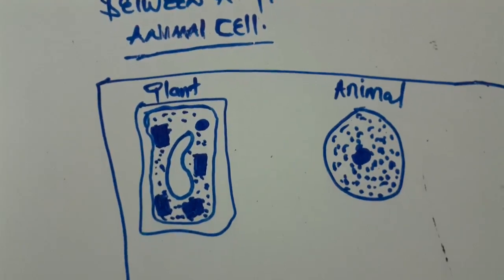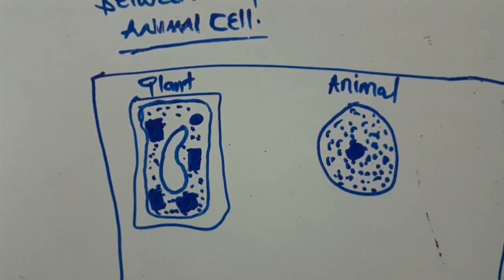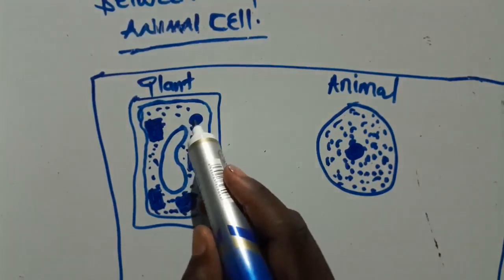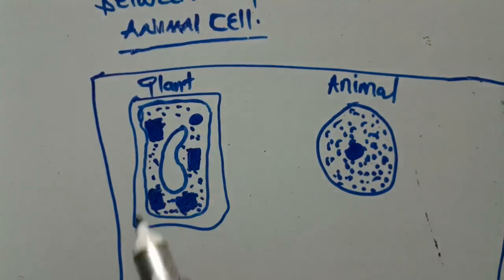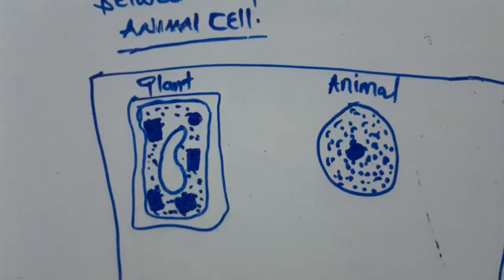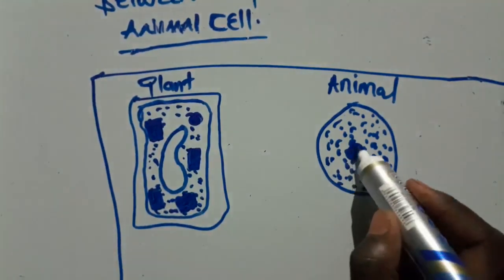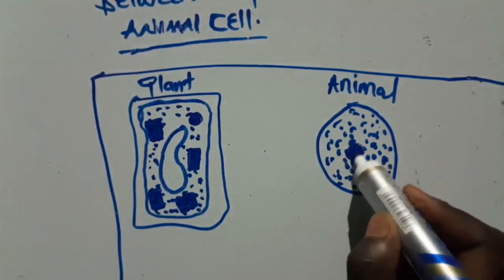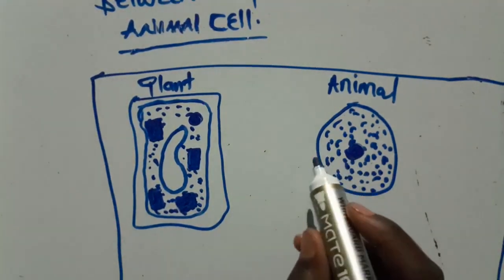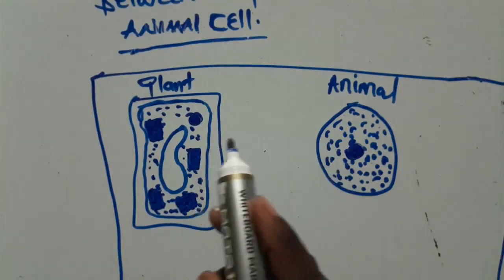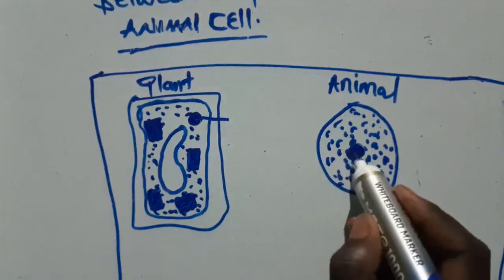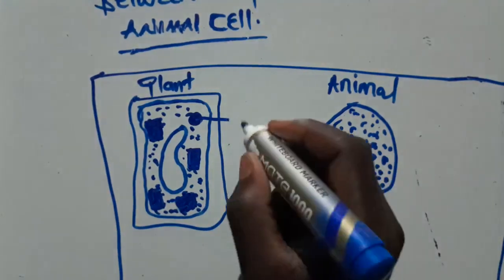If you check properly, in a plant cell, if you look carefully, you're going to discover that there is this, which is a nucleus. And here again, in an animal cell, there is a nucleus. So one of the similarities between a plant cell and an animal cell is that in both there is a nucleus.